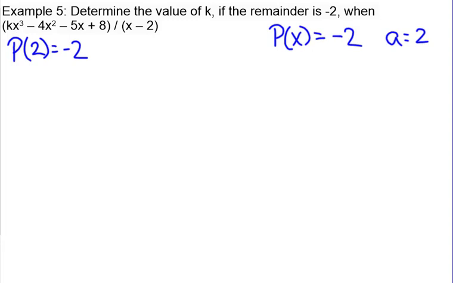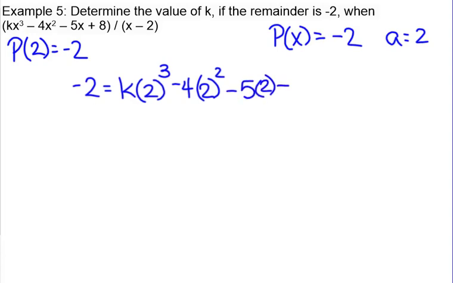So in this case, -2 is equal to k times 2 cubed subtract 4 times 2 squared subtract 5 times 2 plus 8. And we're just going to solve for k. -2 is equal to 8k subtract 16 subtract 10 plus 8.